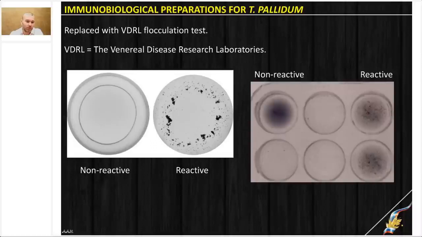Again, you need to mix two liquids, the patient's sample and reagents from the test set. If you have an area which is absolutely transparent and clear, it is a negative result. If you have formation of clumps, some groups or kind of flakes, the test is positive.